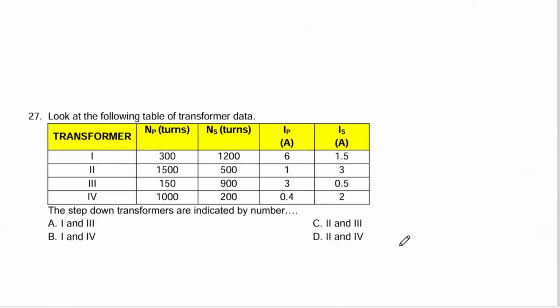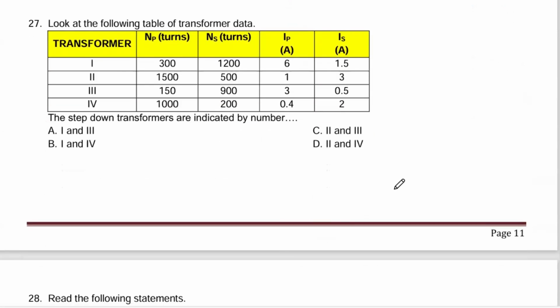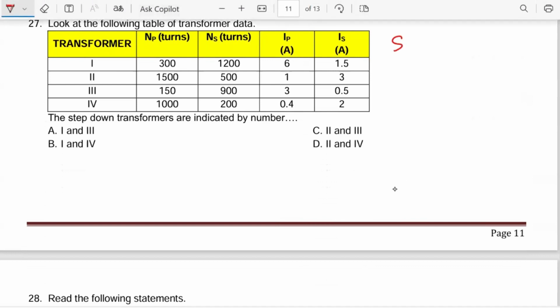Okay, you are given a transformer, and this transformer has data, and you need to find out the step down transformer. So when we're talking about step up and step down transformer, I hope you remember this requirement.